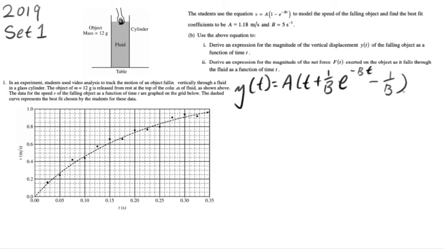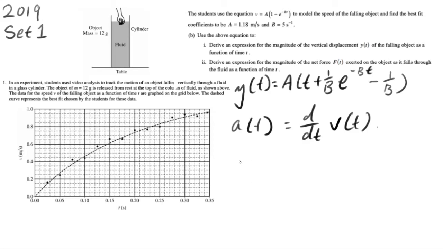Part B2 says derive an expression for the magnitude of the net force exerted on the object as it falls through the fluid as a function of time. This question is talking about force as a function of time. So to find F(t), we need to find a(t) first, which is the derivative of the velocity graph. Since we're finding the derivative of the velocity graph, we don't need a specific point to start with.